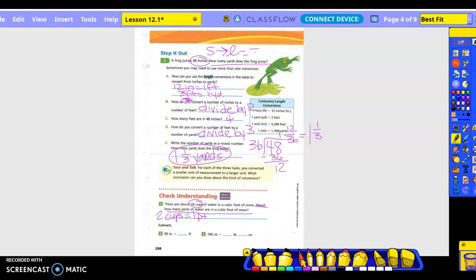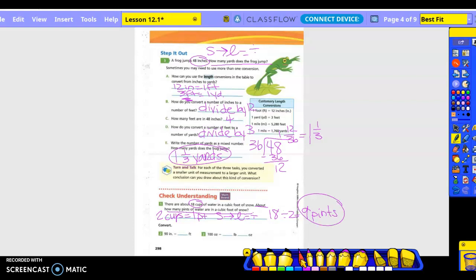So am I going larger to smaller or smaller to larger? I'm going smaller to larger. So I'm going to divide, right? Okay, so 18 divided by 2 equals 9. So 9 pints.